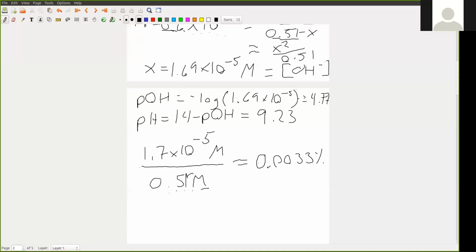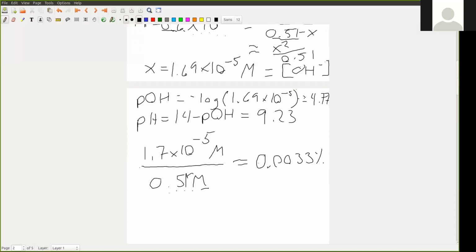And then we did an ice table that involved a variable and unknown, and that unknown also signified the concentration of our hydroxide. We retrieved our basic dissociation constant for acetate ion from our textbook, and we then calculated what X would be using an approximation method.